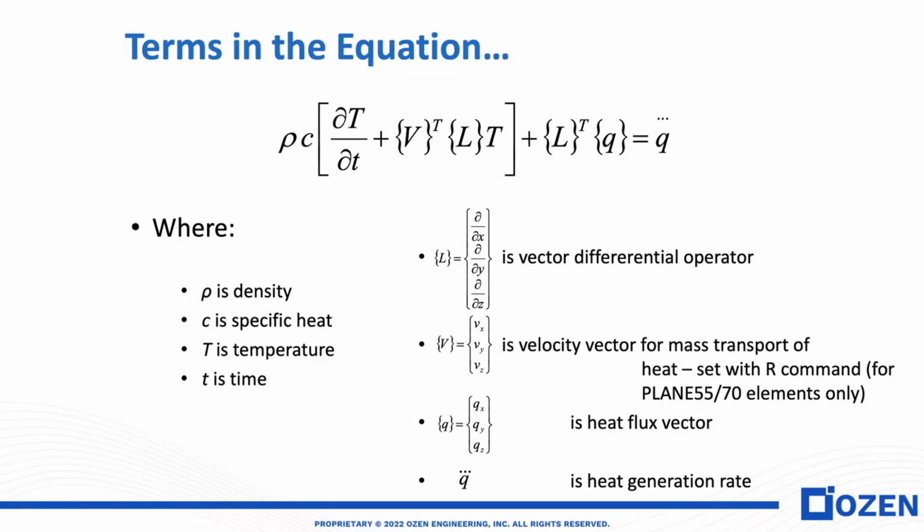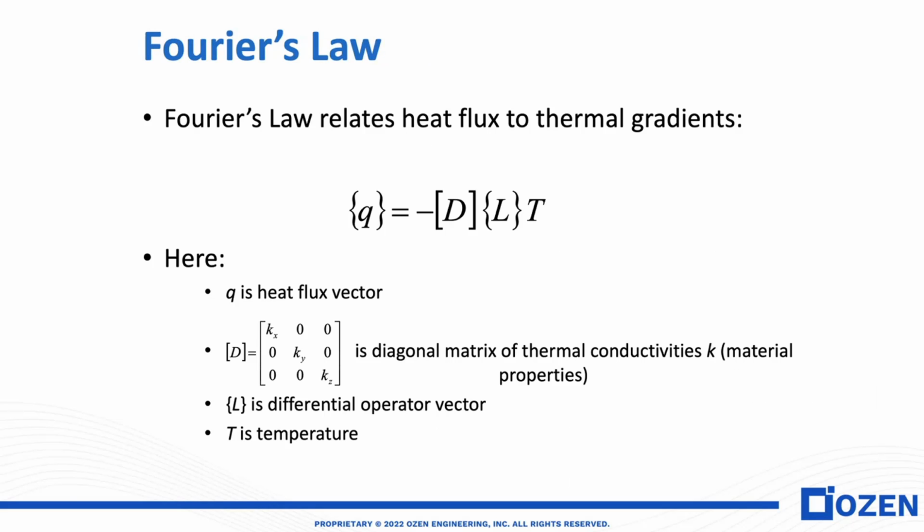In this equation, rho is density, C is specific heat, capital T is temperature, lowercase t is time. So electromigration is definitely a transient phenomenon. You create voids over time, or you create hillocks over time. So that's why we have to do a transient problem. If we apply Fourier's law to thermal gradients, then we get this additional equation.